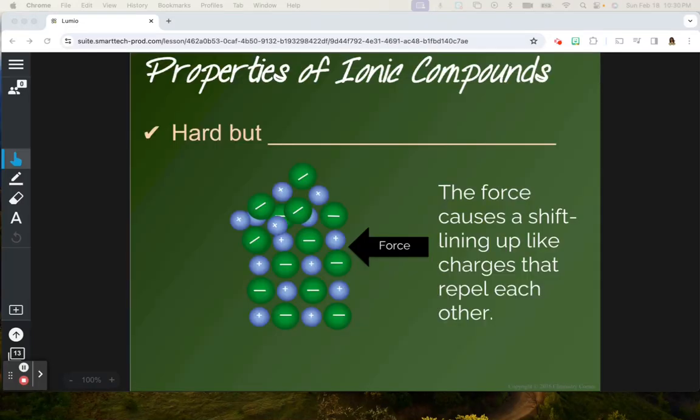Because they're solid at room temperature, they are hard but brittle and rigid. So if you apply force, you could shift the lining of the ions and make a nice clean cut, lining up the charges.